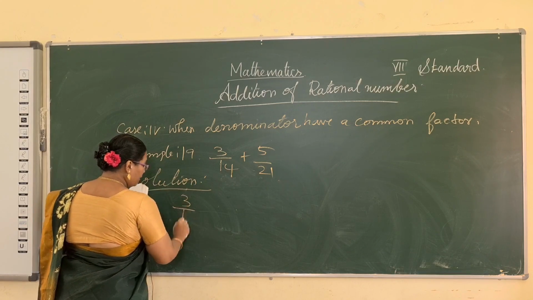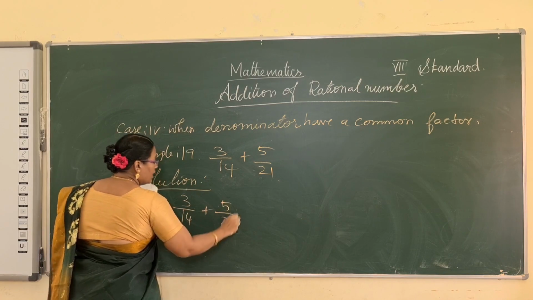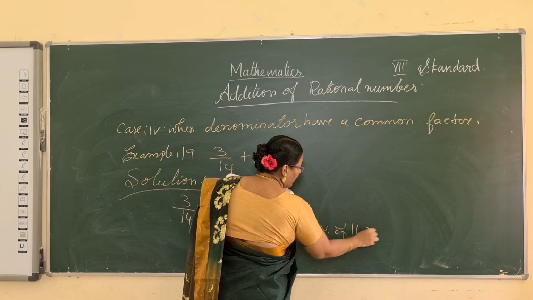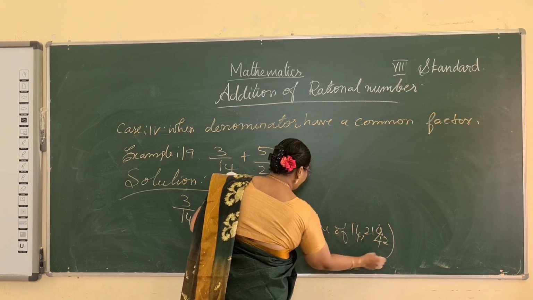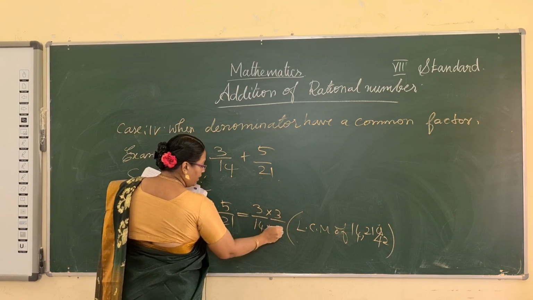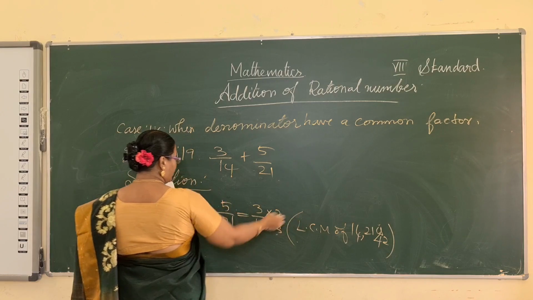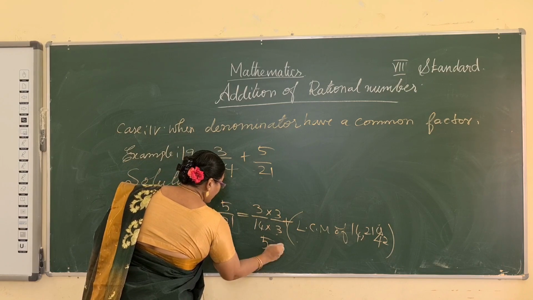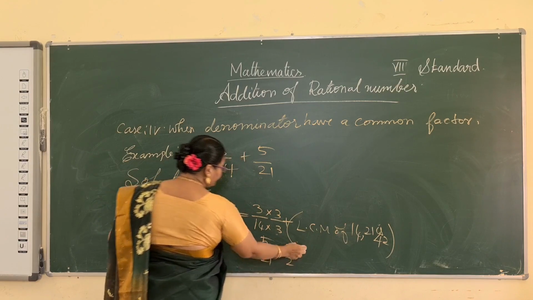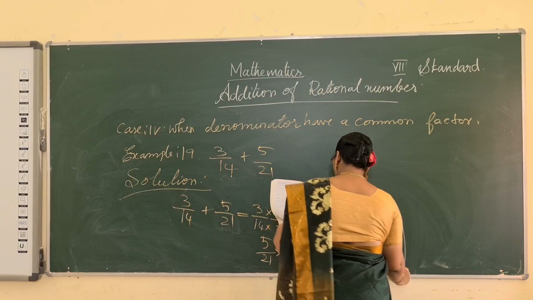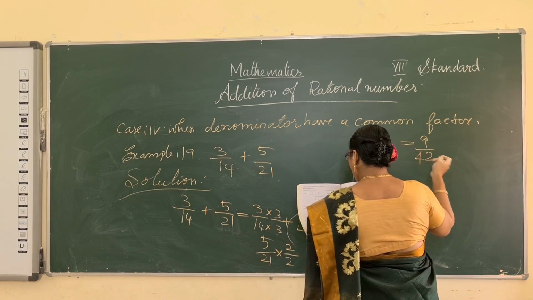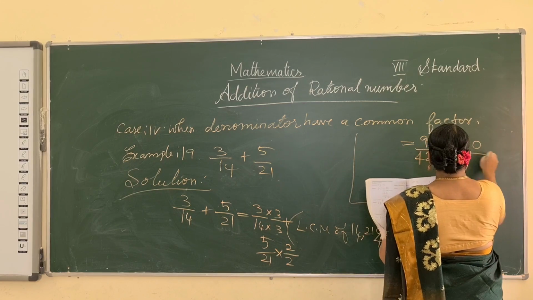So 3 by 14 plus 5 by 21 is equal to, the LCM of 14 and 21 being 42, 3 by 14: the denominator is multiplied by 3, 14 3s are 42, plus 5 by 21: 21 multiplied by 2 gives 42. Now the numerators are multiplied too. So 3 3s are 9 by 42 and then 10 by 42.